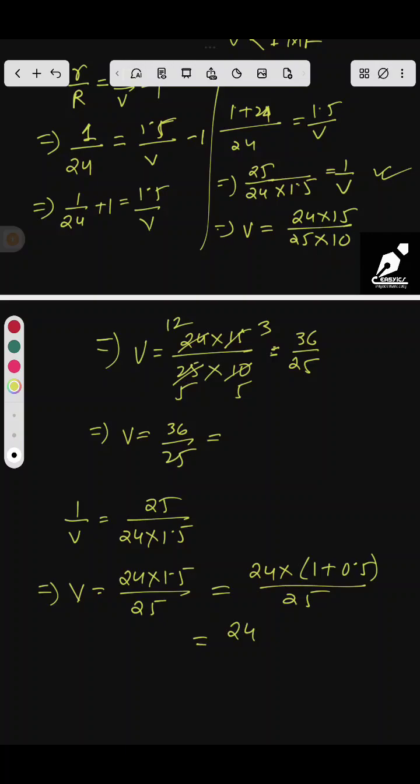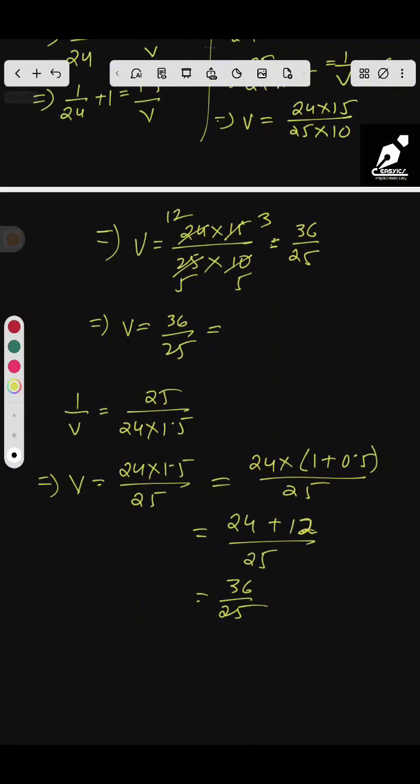It comes up to be 24 into 1, 24, plus 24 into 0.5, that means half of 24, that is 12, so that is 36 by 25. This is an alternative way to solve the same thing. In any form you have to calculate 36 by 25, there is no escape.